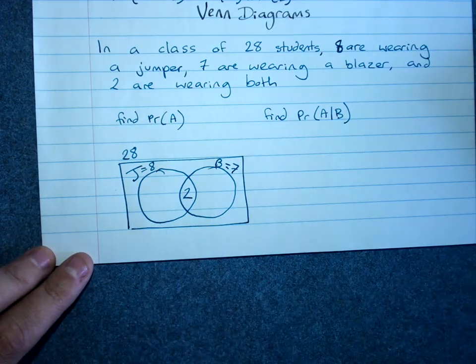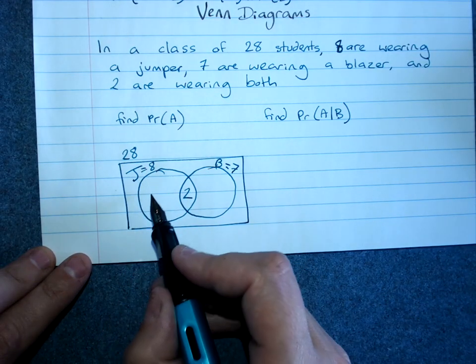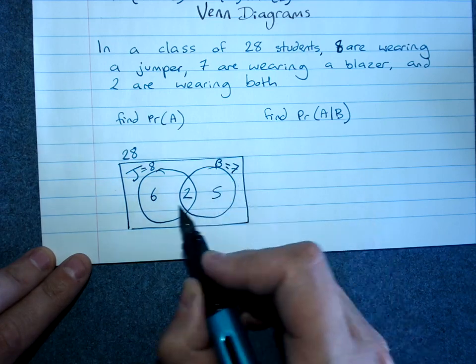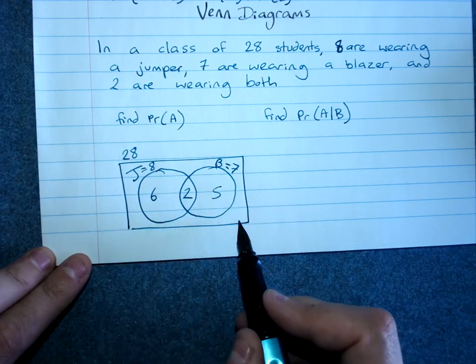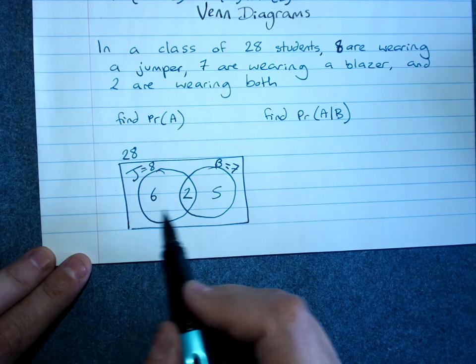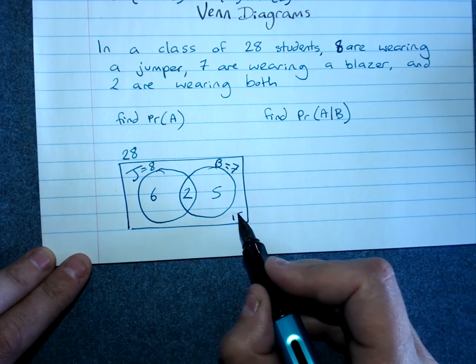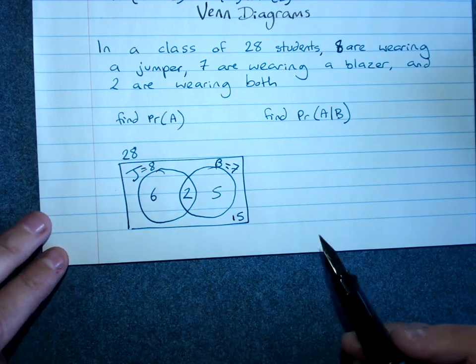So 8 minus 2 gives me 6 people wearing only a jumper and 5 people wearing only a blazer. So people wearing neither, what have I got? 13, so I've got 15 people wearing neither.